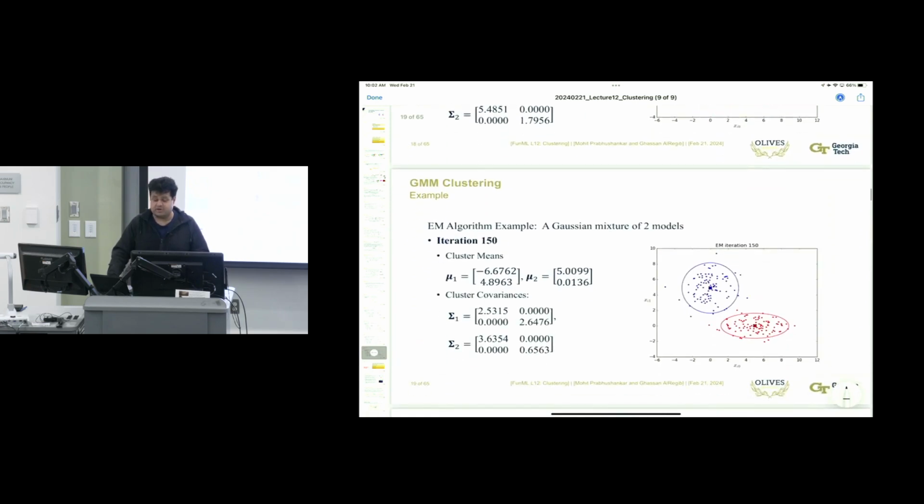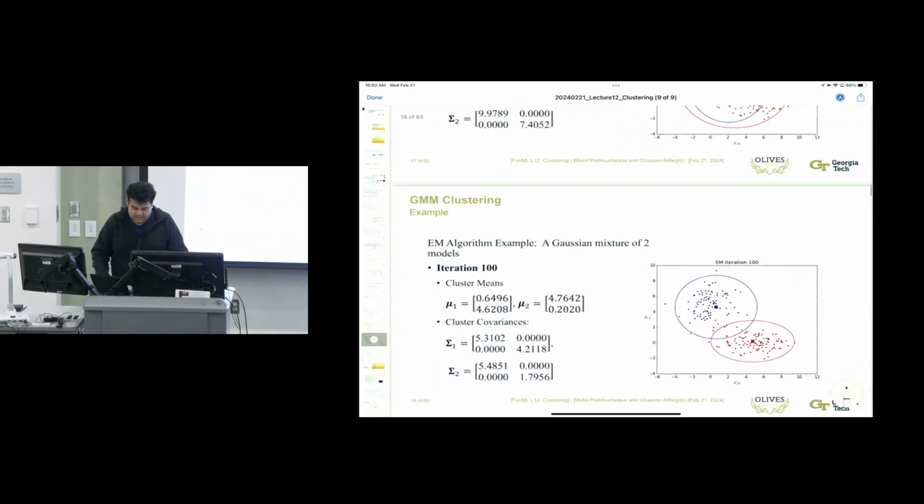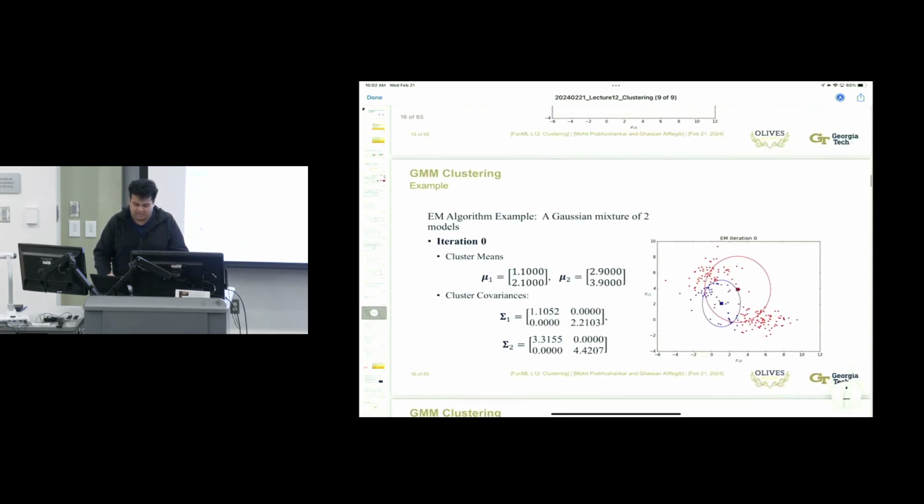To get the final output, it's about 150 epochs for this simple data set to get these kind of clusters, but it gives you better clusters compared to k-means clustering. So in this case, we start off with some random iteration 0, with some random mu and sigma. So we are starting with this as our centroids, and our sigma as well. You can see that it's not 1 and 1, it's basically 1 and 2.